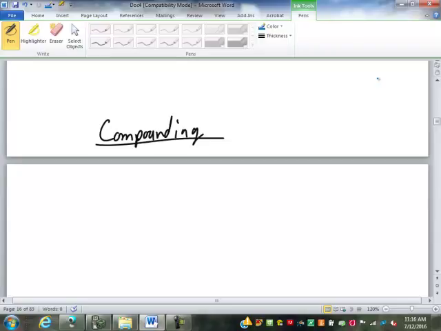So, anyway, compounding. Let's look at an example. Let's say you put money in the bank in an investment or an account or whatever. You deposit $3,000 at 8% for 5 years.